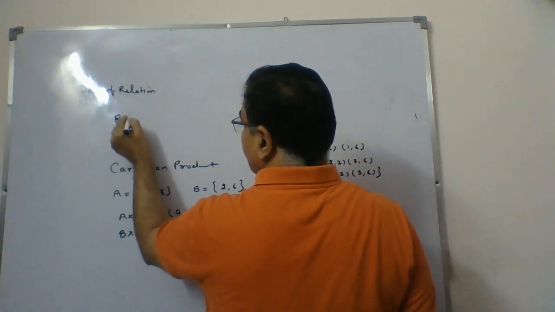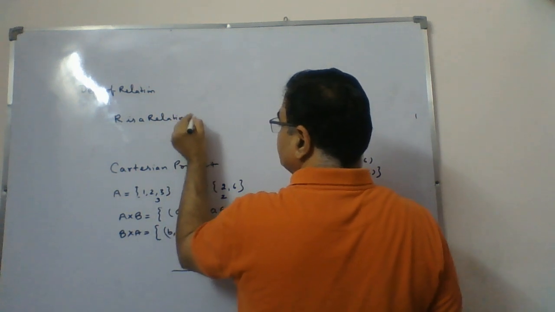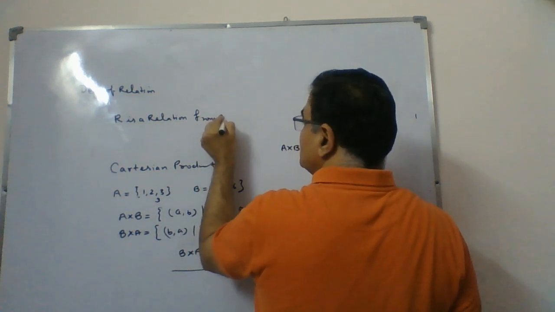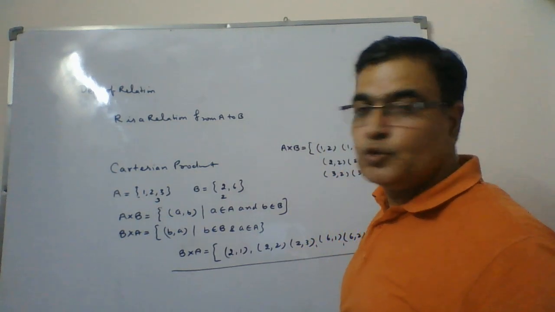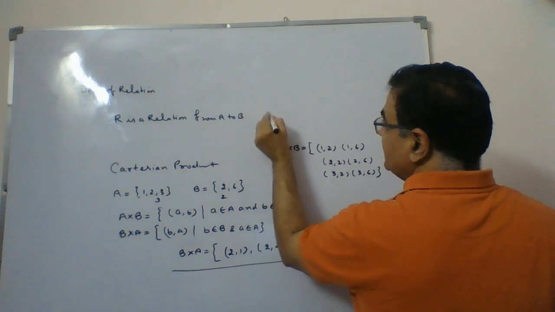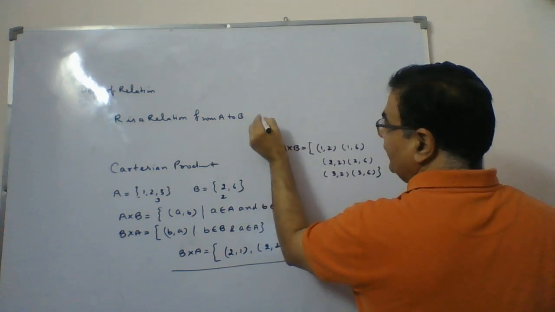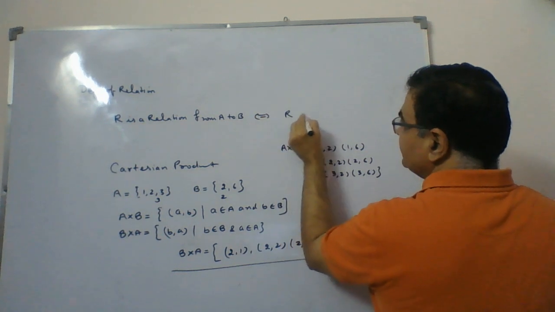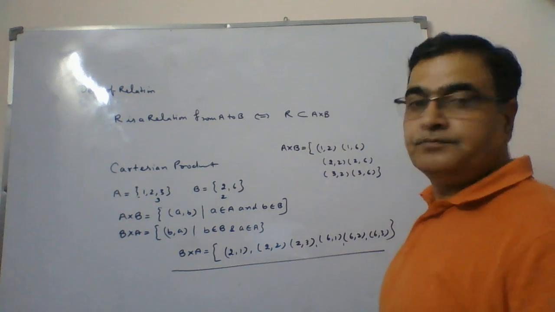R is a relation from A to B. If R is a relation from A to B, that means R must be a subset of the Cartesian product, if and only if R is a subset of A cross B.